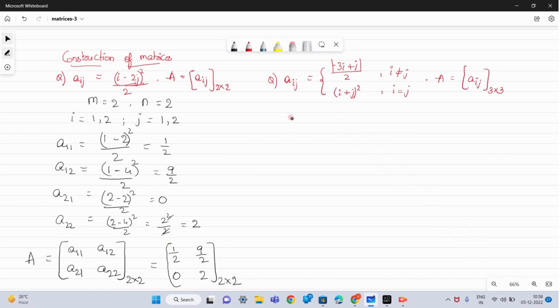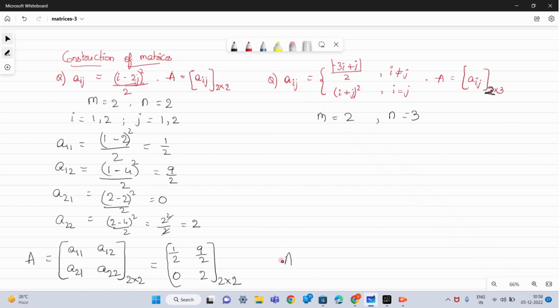So similarly, this question, okay, instead of 3, 3, let's solve it as 2, 3. Okay, it is 2, 3. So here m will be 2, which means 2 rows, and n will be 3. How will the matrix be?